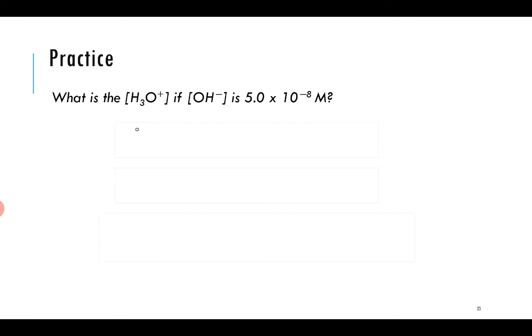So we have Kw is equal to my hydronium ion concentration times my hydroxide ion concentration, and those two things have to multiply together to be 1.0 times 10 to the minus 14th power.